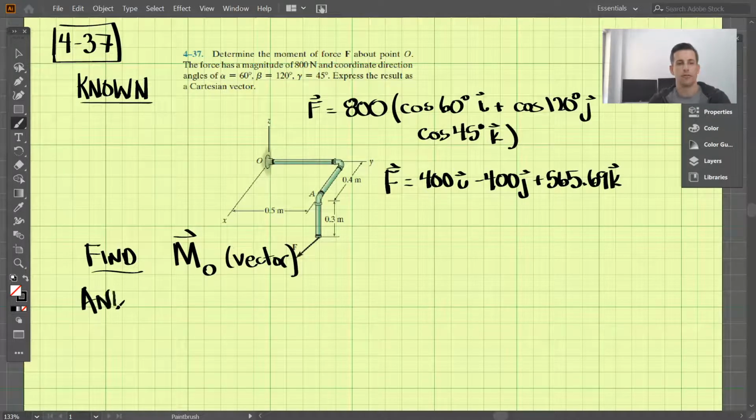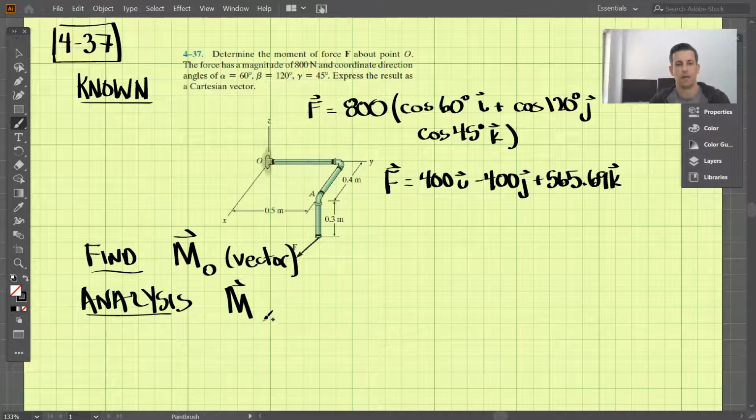So to do this, we use the moment around O is equal to the cross product of R cross F. All right, and we already know F here. We just solved for that. But what is R?